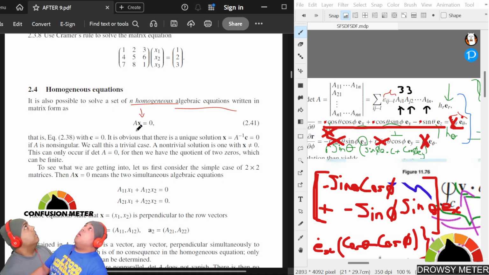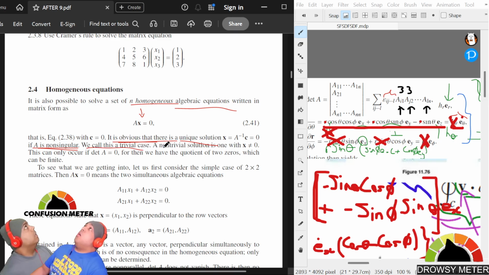That is, if c is equal to 0, it is obvious that there is a unique solution x equals inverse of A times 0, if A is non-singular, so that is if A can be inverted.